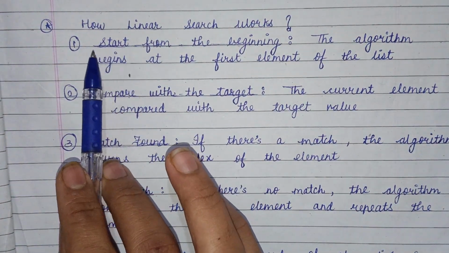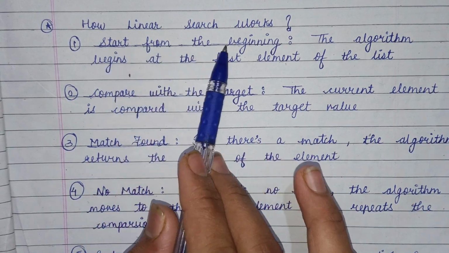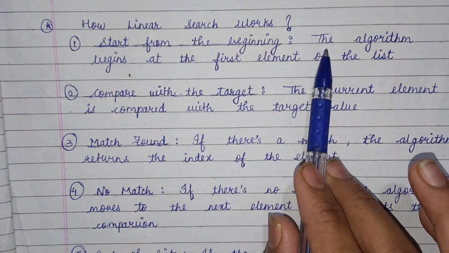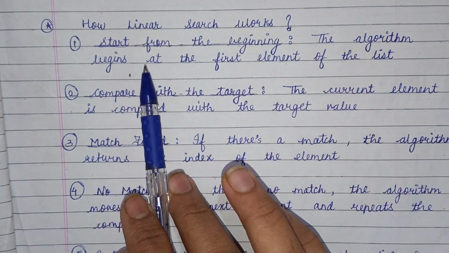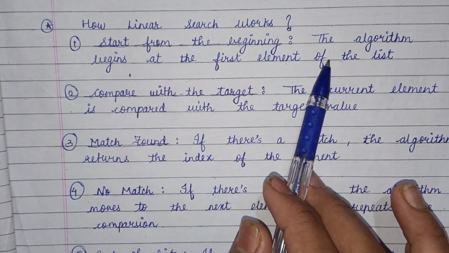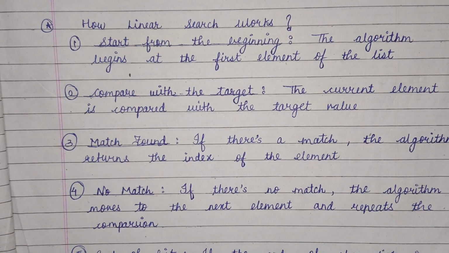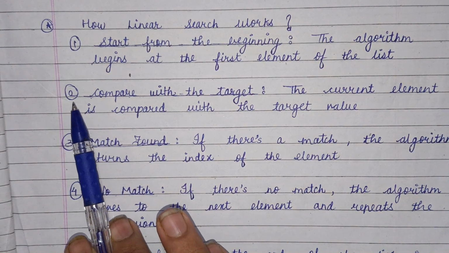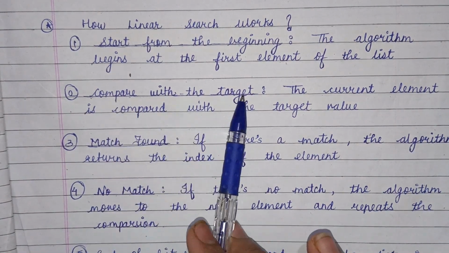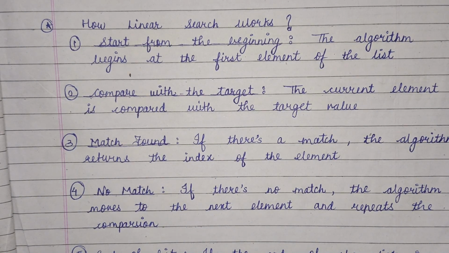So first, it starts from the beginning. The algorithm begins at the first element of the list. So whatever the first element present in the array, it begins from that element. Next point will be comparing with the target. While moving to each and every element of the list, it compares with the targeted element.